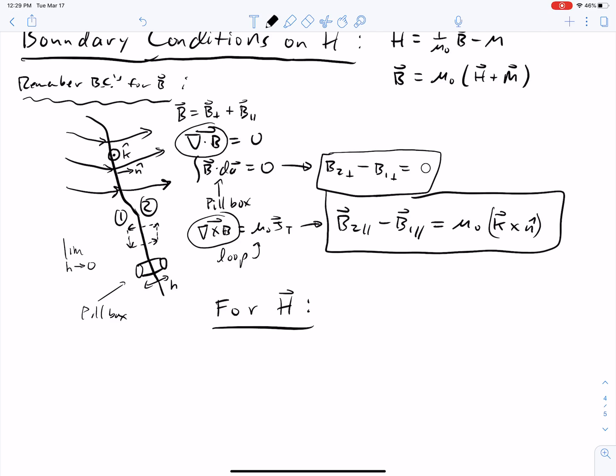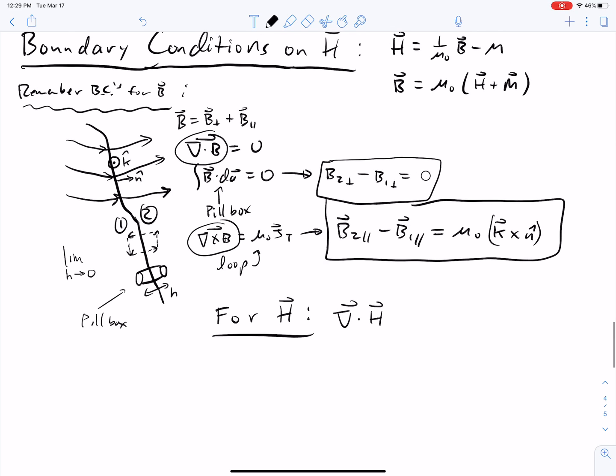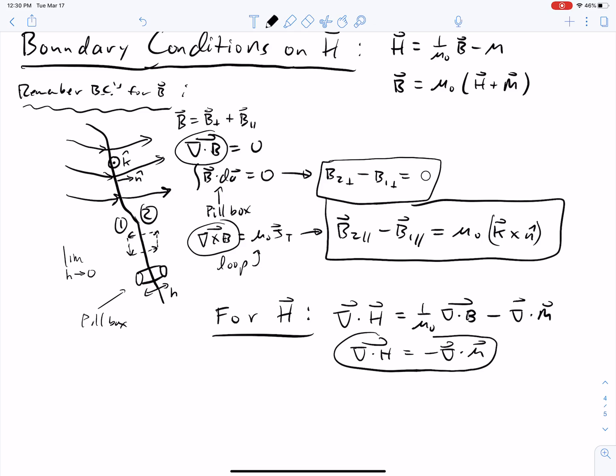So for del dot H, we see that del dot H is equal to 1 over mu naught del dot B minus del dot M. But of course del dot B is 0, and so we see that del dot H is equal to minus del dot M. So the H field could have divergence if there's divergence in the magnetization.